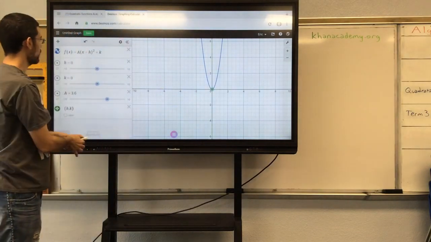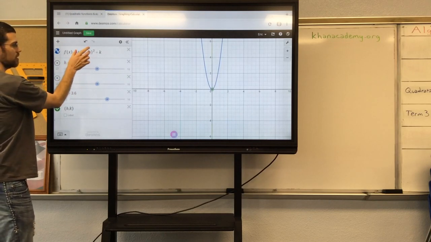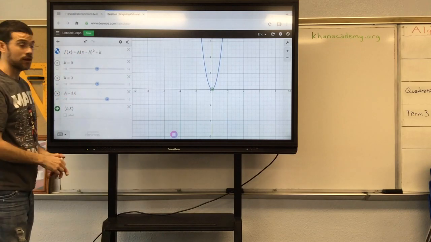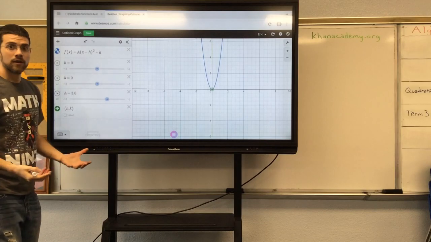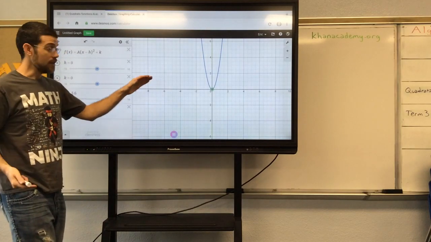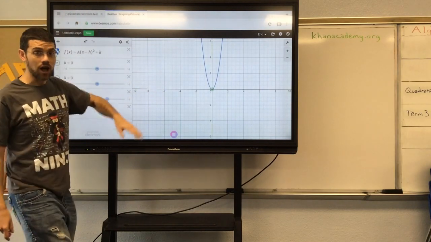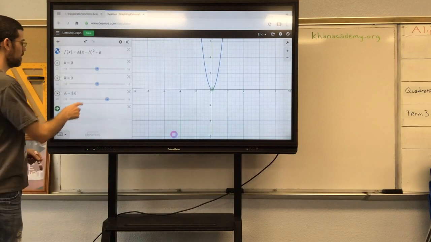All those y coordinates are getting further away, because this x minus h squared term is now being multiplied by something greater than 1. So instead of being maybe 3, now it's 3 times 3.6. It's a lot further away from the x-axis.